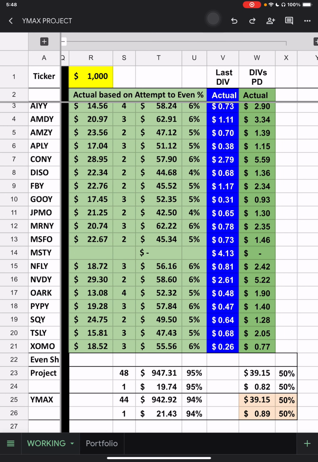But what I did down here is, okay, if we spent this same amount on the YMAX for the number of shares, and of course now this is going to be today's data, there would be 44 shares of those. You could only buy 44, right? And they would be $21.43 a share, so you'd use 94% of the portfolio, because we're just going based off of what I spent on the project at this point.